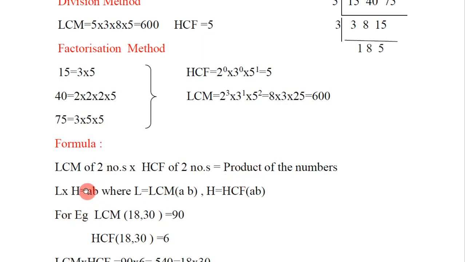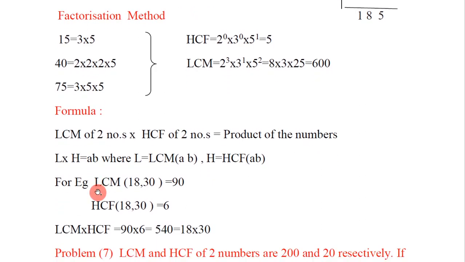It is nothing but the product of LCM and HCF of the two numbers. So the formula is L into H equal to AB, where L is LCM, H is HCF, A and B are two numbers.